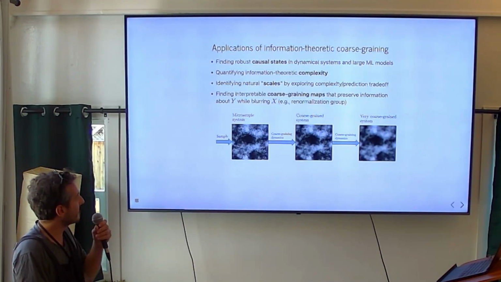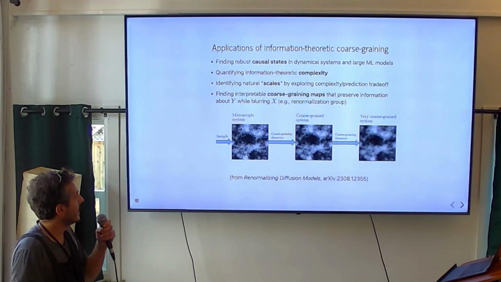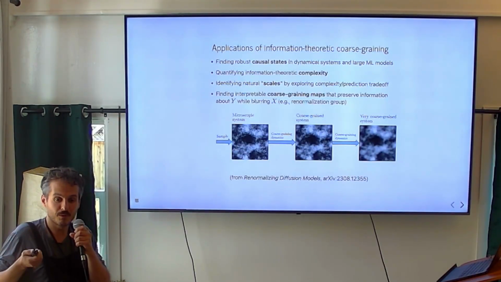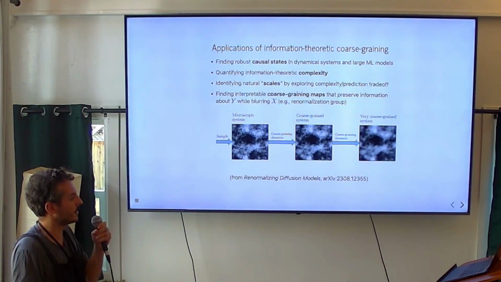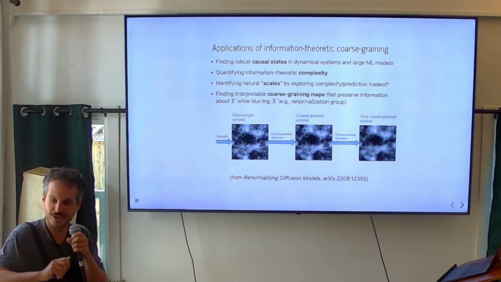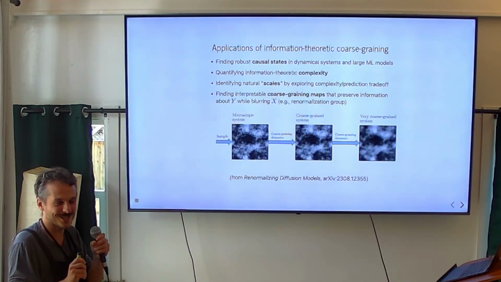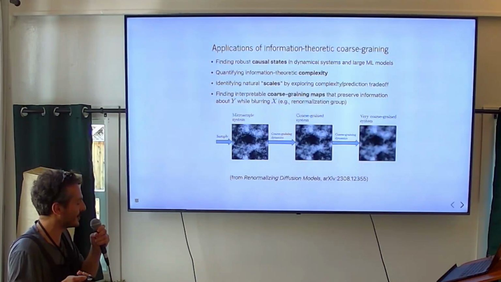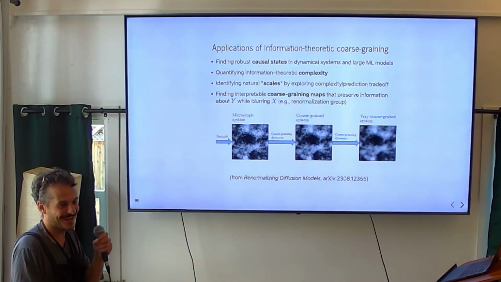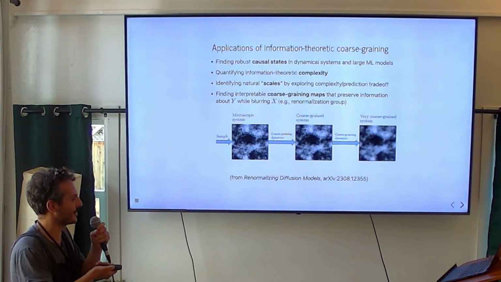If we could formulate it in some kind of optimization principle, we might be able to find these coarse grainings. I haven't necessarily solved all of these, but this is some of the things that we could do, and I think there are others also.